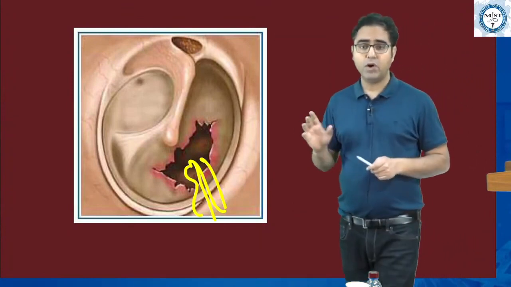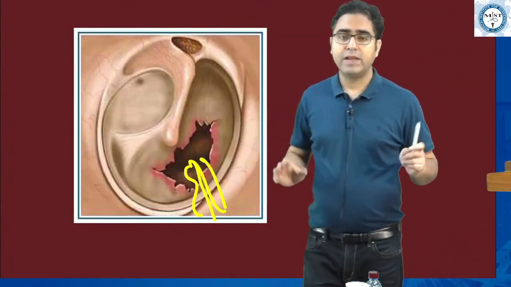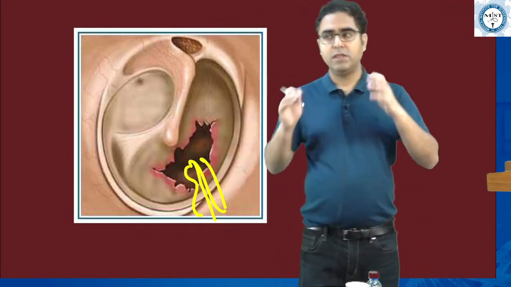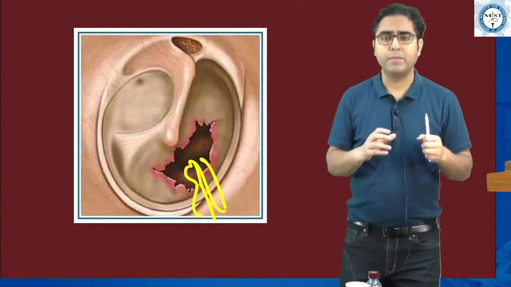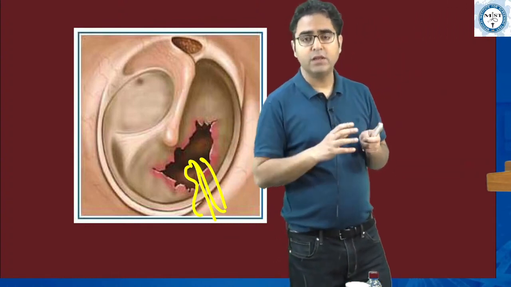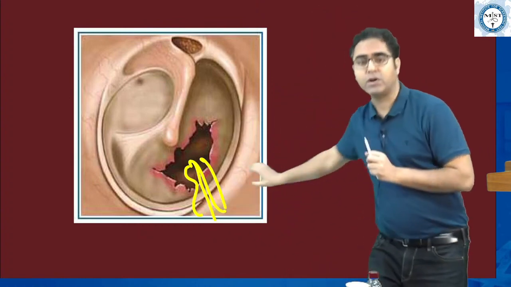The pressure of the pus will perforate the tympanic membrane and the pus will flow out like this.